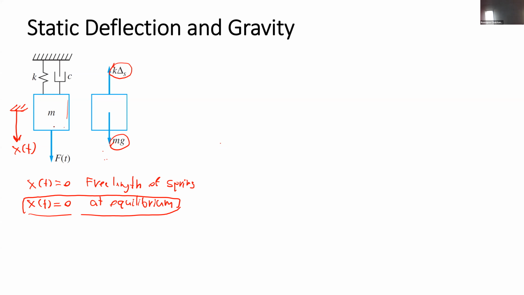If this mass is in equilibrium, it means that at the equilibrium point, we have the weight of the box mg, and we have the spring force, which is the spring constant multiplied by the static displacement of the spring. We have this. And at this point, we set x equal to 0.